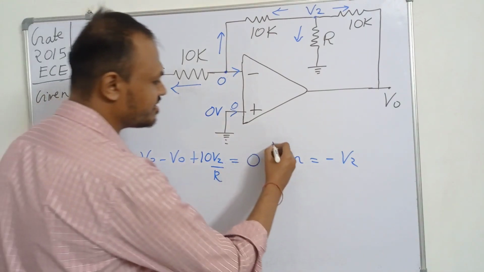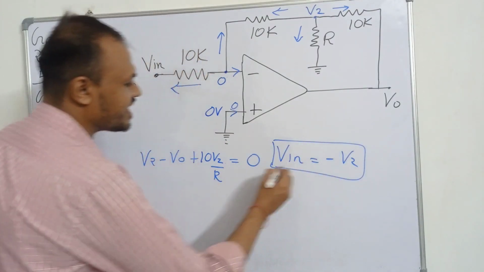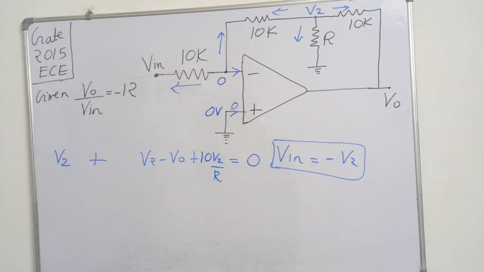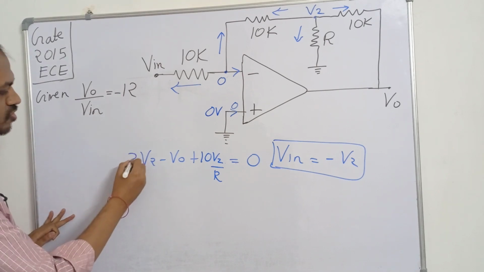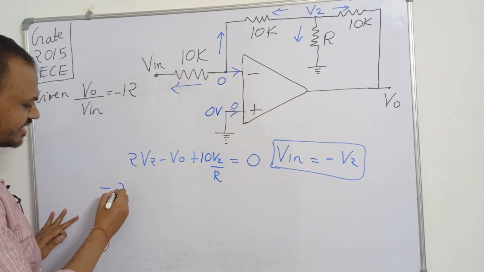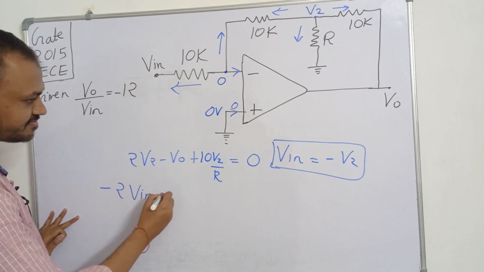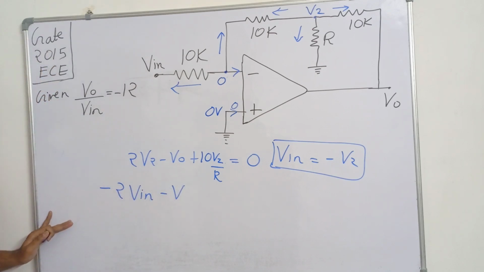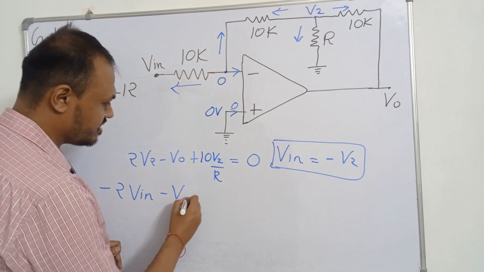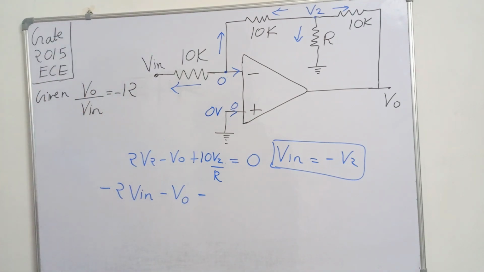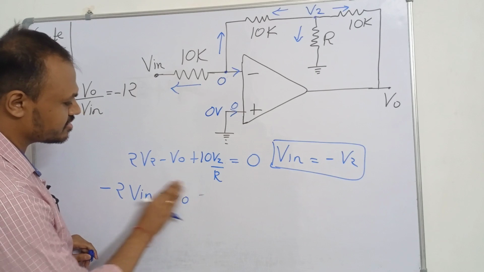Now we know that Vin equal to minus of V2. So we will substitute. So this becomes 2V2. V2 plus V2 is 2V2. So V2 becomes minus 2Vin, minus of V0, and V0 is equal to minus of 12Vin.